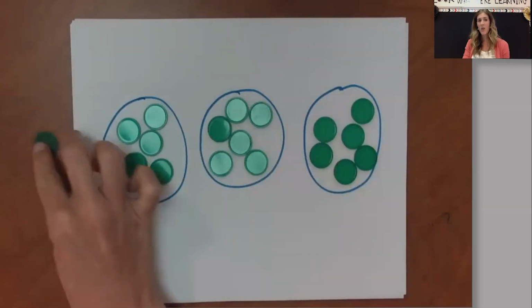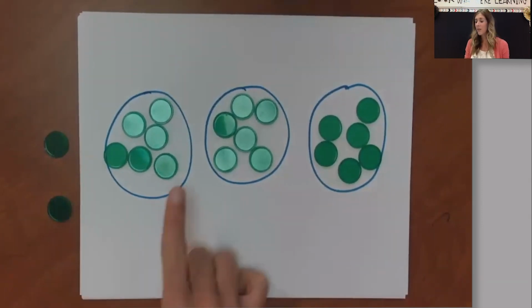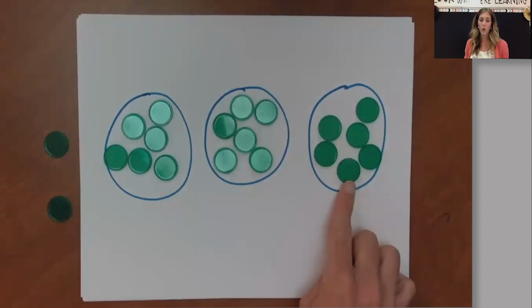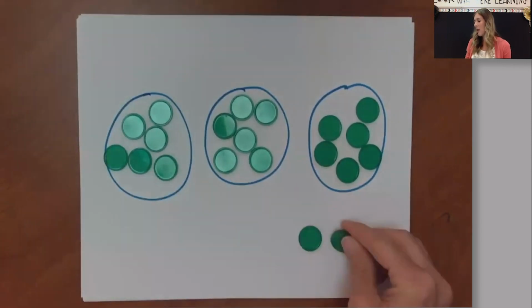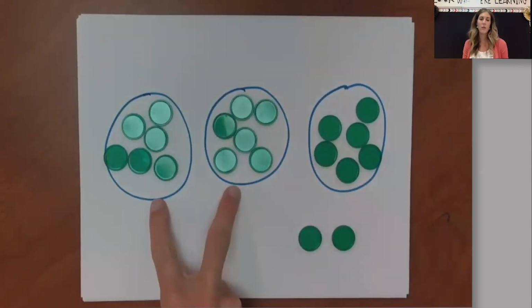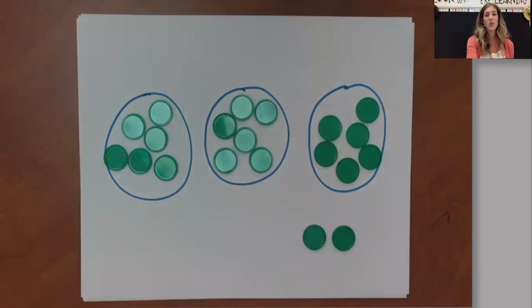And when I go, now I only have 2 dominoes left. So I don't have enough to give everybody one more. And I know that Andrea wanted to divide them equally. So I'm going to have these 2 extras because it's not fair if I give these 2 friends an extra domino and not this friend. So these are just going to be extra.